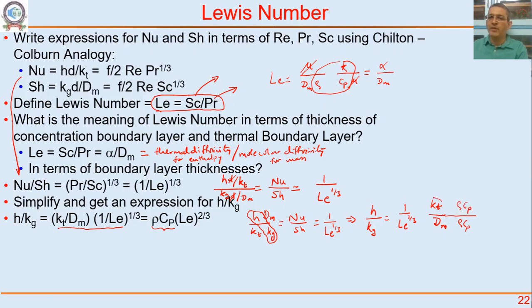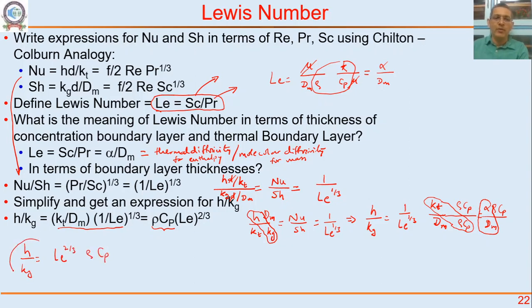So thermal conductivity divided by rho Cp is nothing but alpha. So this is nothing but alpha rho Cp divided by molecular diffusivity. And remember, alpha by dm is your Lewis number. So therefore, H by kg is Lewis number raised to 2 by 3 multiplied by rho Cp.